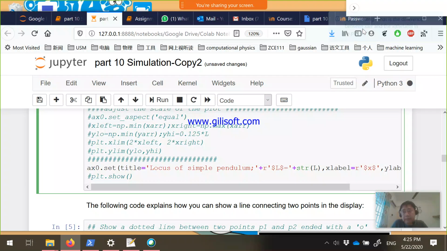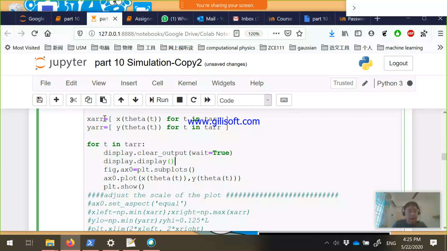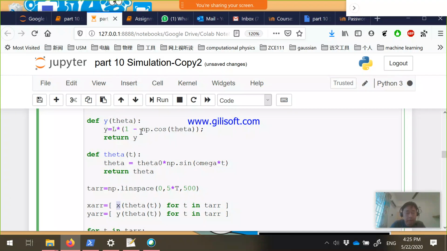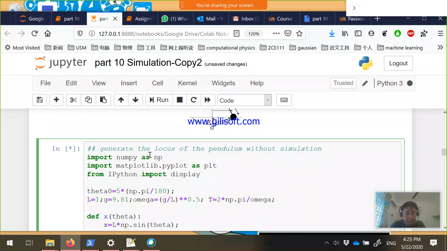What is the difference between x array and x array? Okay, so the question is, let me explain again. The x array is the coordinate of x that is dependent on theta at different t. So t is what we call the parameter t. So t changes monotonically. So when t changes, theta changes. When theta changes, x changes. So you learned in ZCE 110 the function of a function, right?